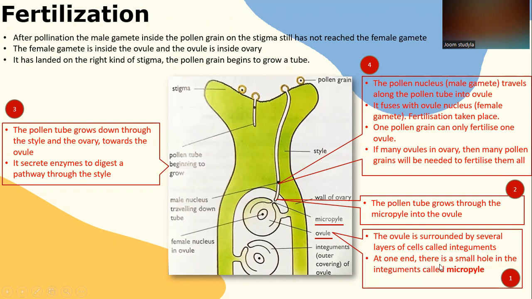At one end, there is a small hole in the integuments called the micropyle. And then the pollen tube grows through the micropyle into the ovule. The pollen tube grows down through the style and the ovary towards the ovule.